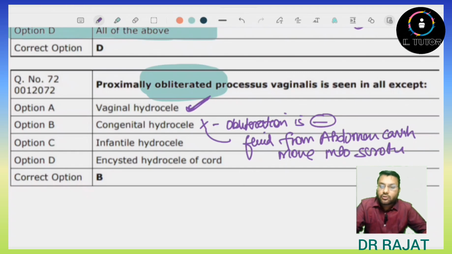Then infantile hydrocele, in this the obliterated processus vaginalis is present, and encysted hydrocele also. So the answer here will be congenital hydrocele, in which obliteration is not present and there is a connection between the abdomen and scrotum, through which fluid can flow from abdomen to scrotum.